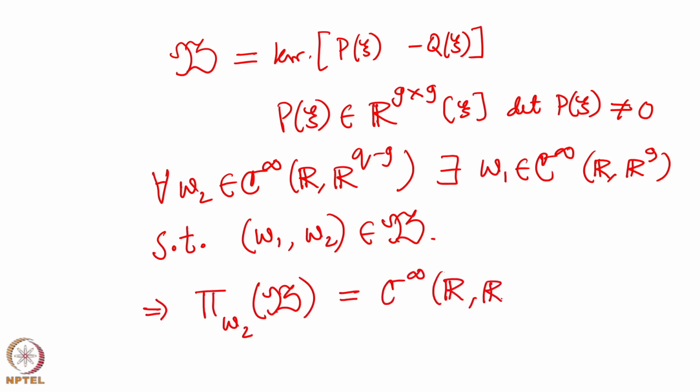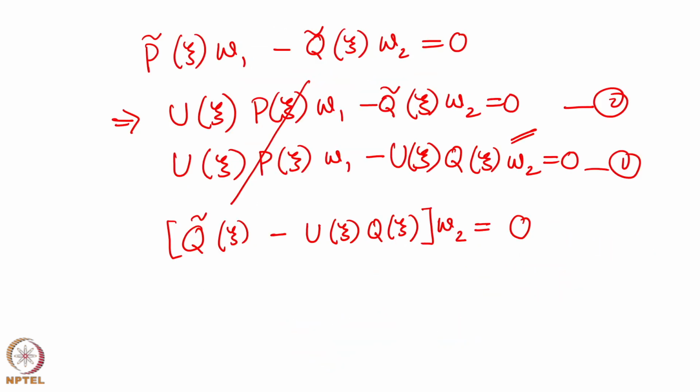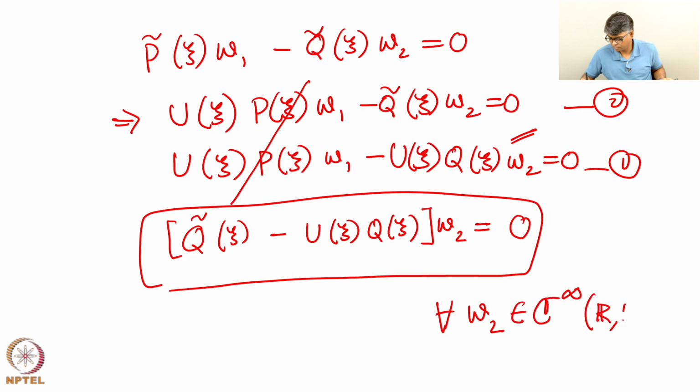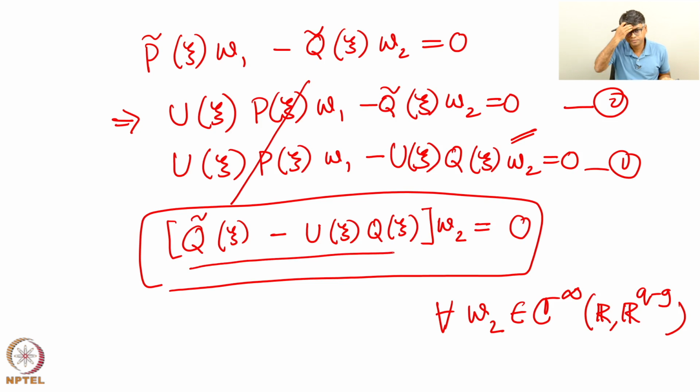Now what does this really mean as far as this expression is concerned? This must be 0 for all W2 coming from the behavior, but coming from the behavior means W2 can be arbitrary. Now if there is a polynomial matrix which takes every arbitrary C infinity trajectory to 0, then what can we say about this matrix?